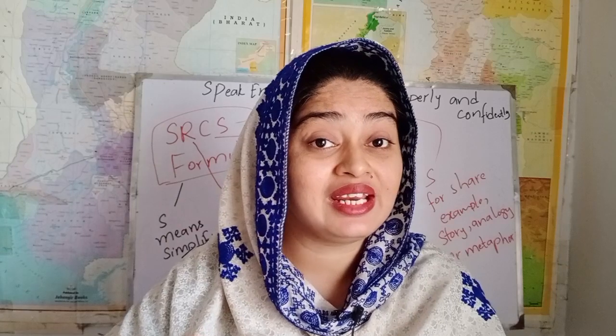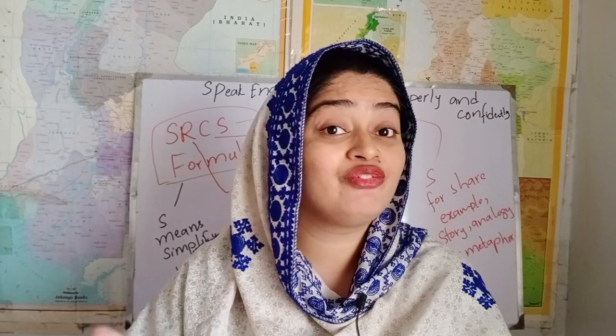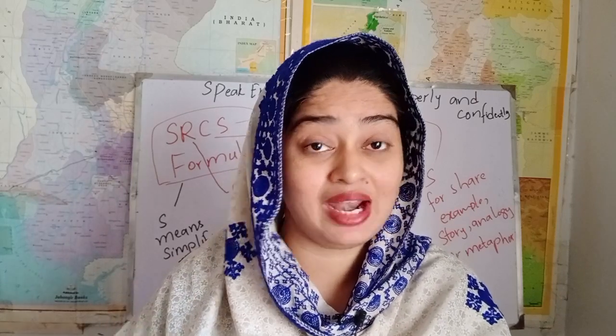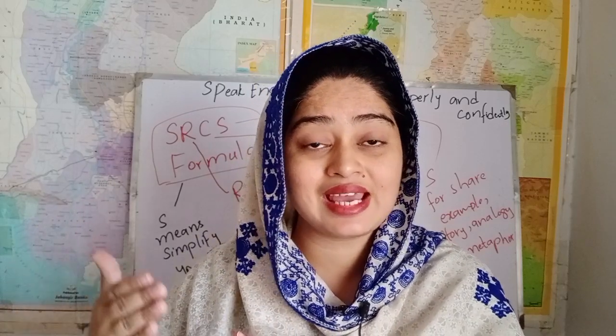So this second thing you have to do is to prove your idea, to solidify your idea, so that the listener can believe and pay attention to what you are saying. This is the second step.